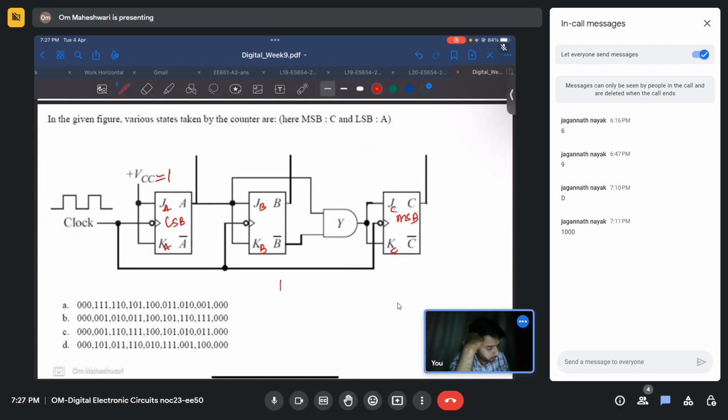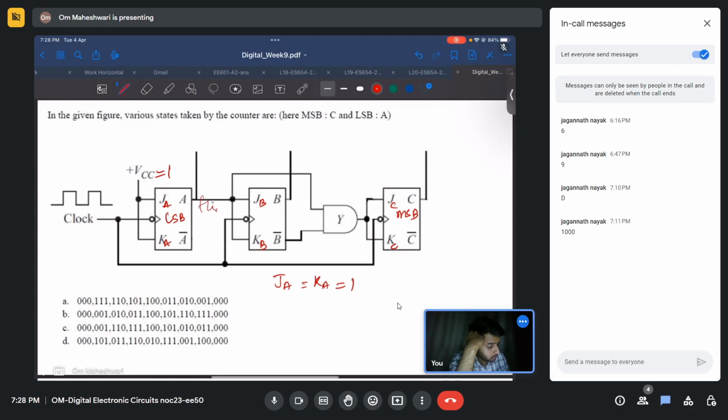First step is find inputs. J equals K equals 1. That means A will keep on flipping. JB equals KB equals A. JC equals KC equals A dot B bar.